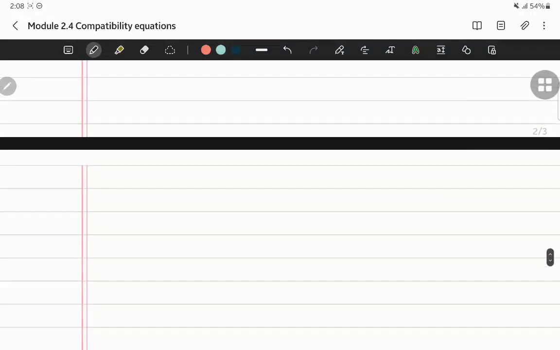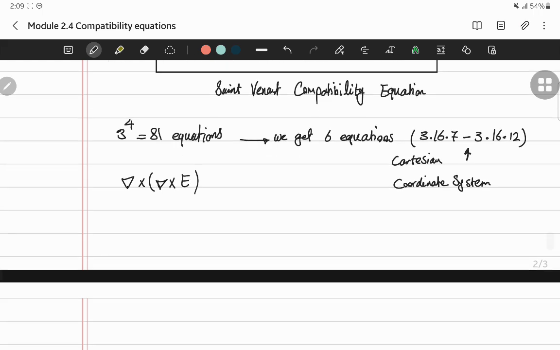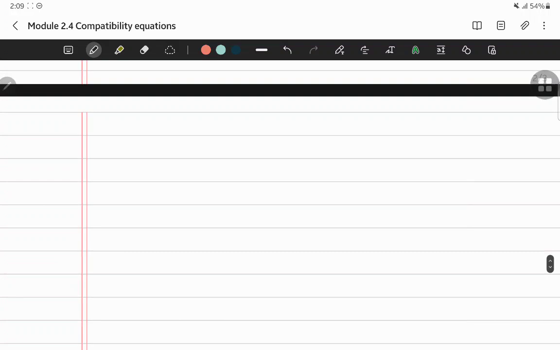You have to remember that these are in Cartesian coordinate system. But basically, you can get them from the curl of infinitesimal strain in other coordinate systems like spherical or cylindrical.